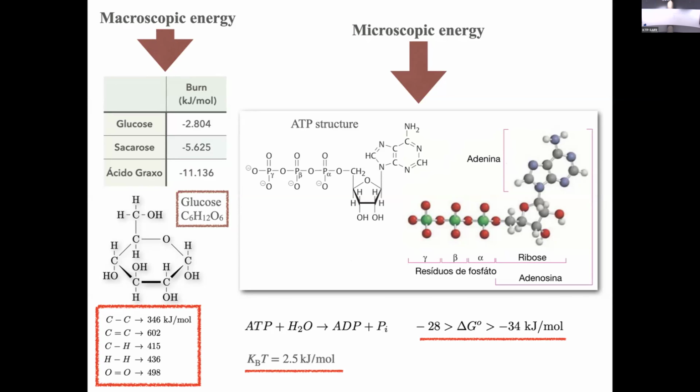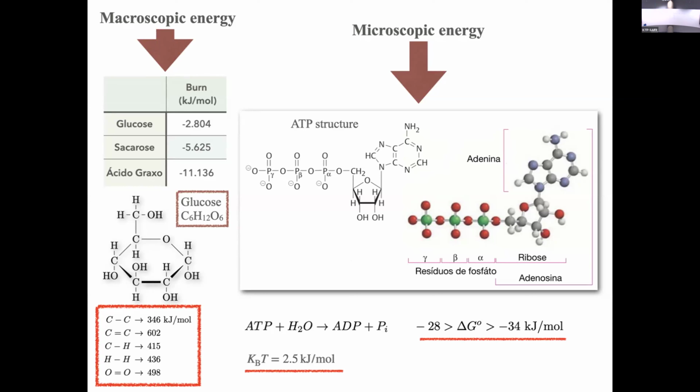But inside our body, we use a different type of energy because this one is a lot of energy. A covalent bond is around 600 kilojoules per mole. So if you release this type of energy inside our body, we're going to break not all, but several covalent bonds. And this one is the ATP, which when you do some reactions and neutralize ATP, then we have free around 28, 30 kilojoules per mole.